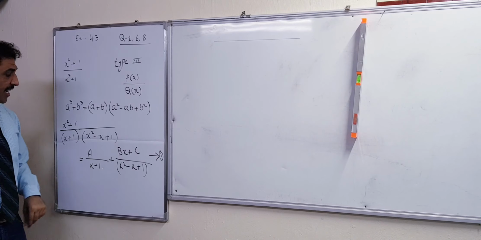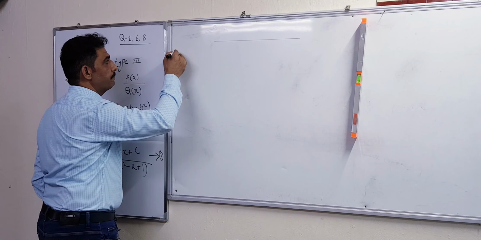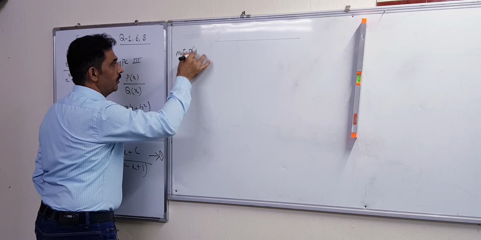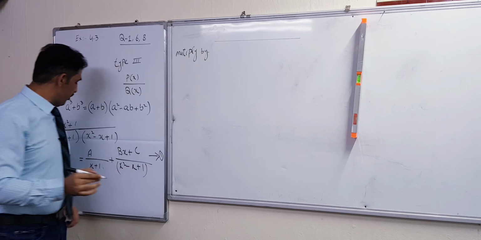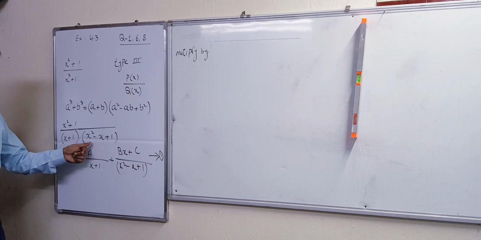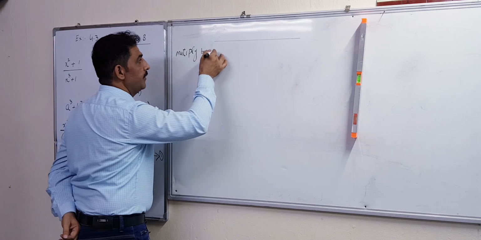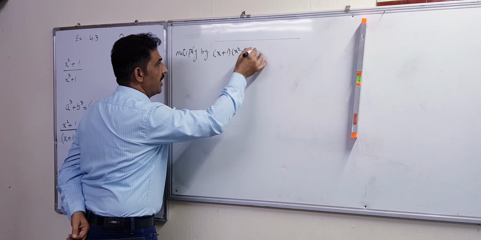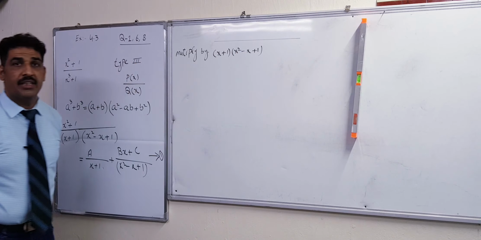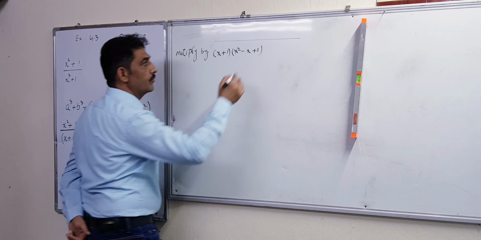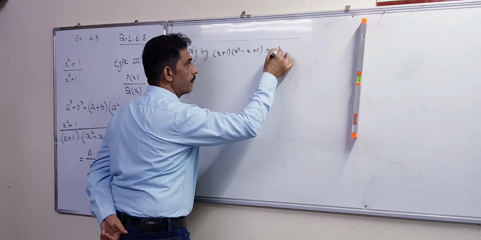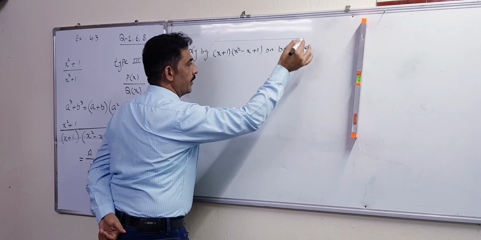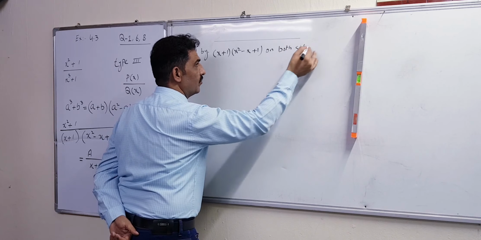So we will write: multiply by x plus 1 into x square minus x plus 1 on both sides of equation 1.